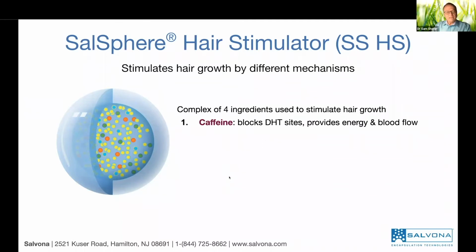Caffeine can narrow the arteries and therefore accelerate the blood flow. When you get more blood flow, you get more energy, you get more nutrients. This is the role of caffeine. Can caffeine do it in the hair follicle easily? Can a technology help to make it better? These are the questions that we need to address.